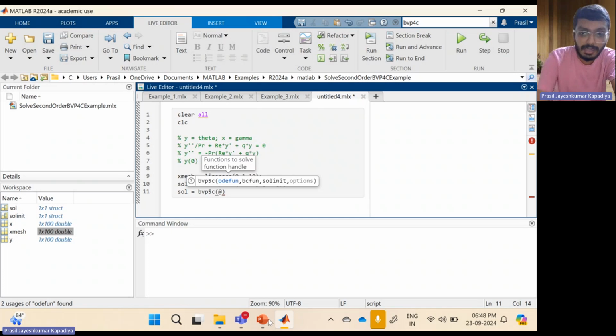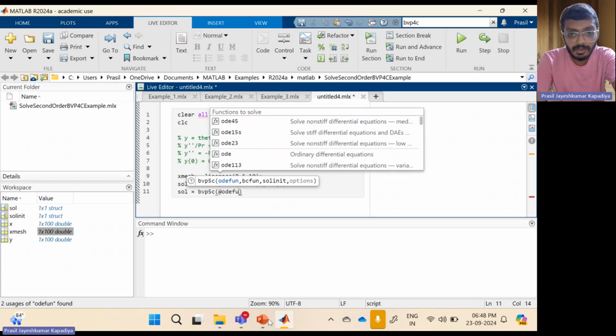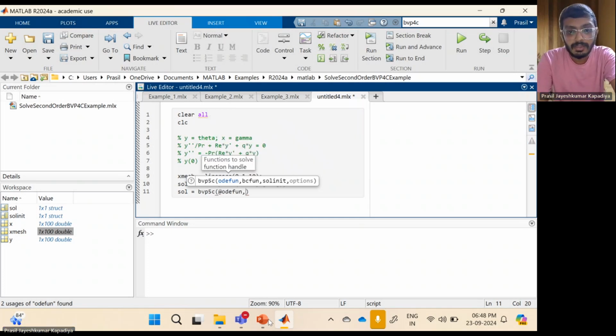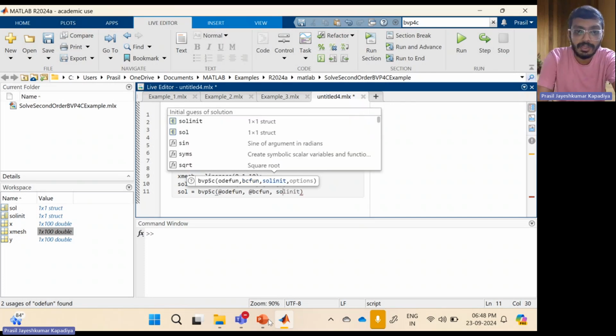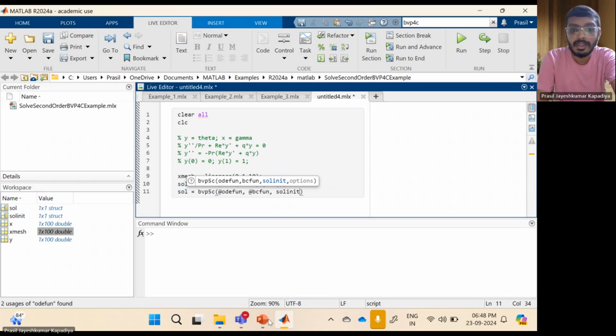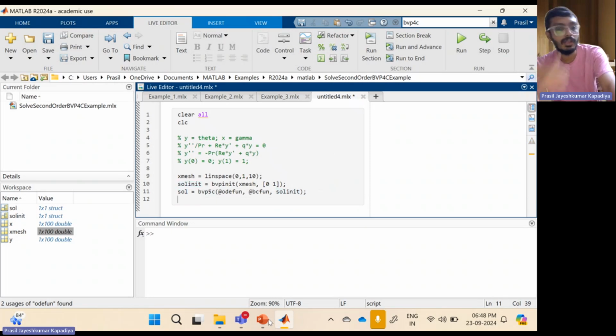Let's say my name of the function is ODE function. Then my boundary condition is BC function. And my initial, not initial guess, this solinit thing. Okay, so I have given my solution. So here also my x will be equal to sol.x. Let's say here instead of x, I am writing gamma.